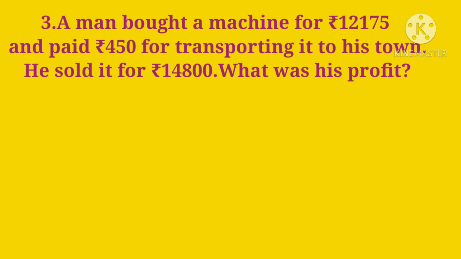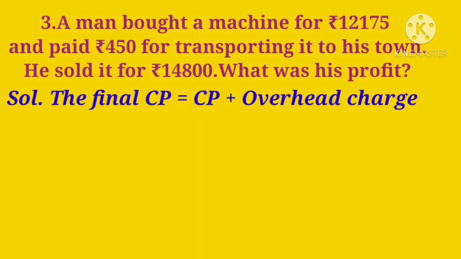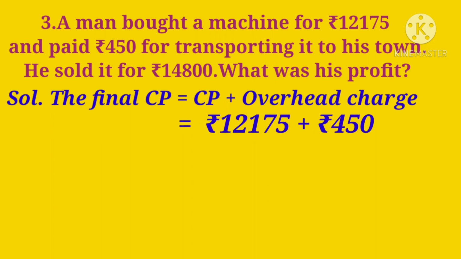So the final cost price will be the cost price plus the overhead charge. So we will add rupees 12,175 plus rupees 450, which is equal to rupees 12,625. So this is the final cost price of the machine the man bought.